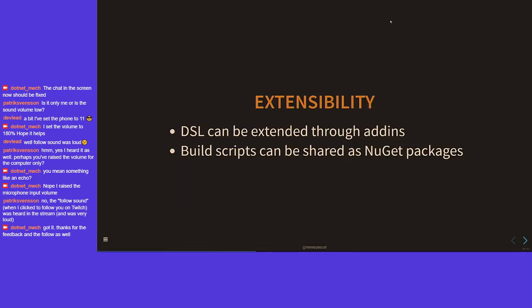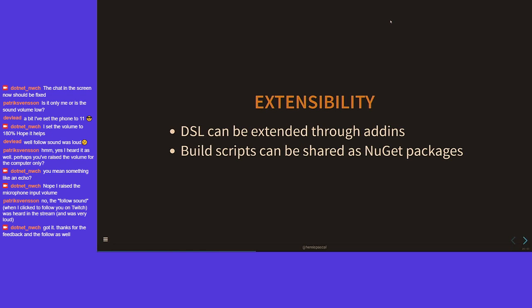So with this basic introduction to Cake, Cake has quite strong support for extensibility. I will show two specific things. One is you can extend Cake with add-ins, and the other is you can share build scripts through NuGet packages.